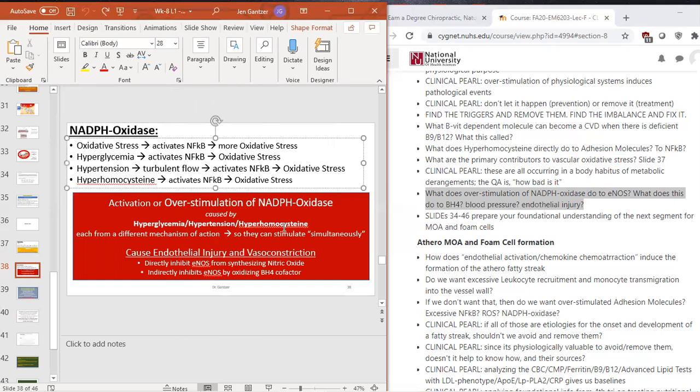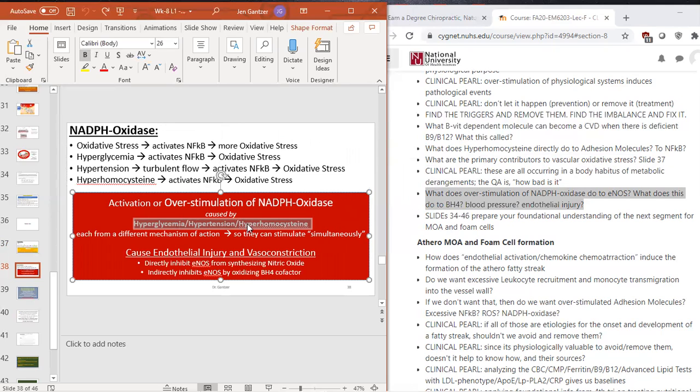So where is some of our oxidative stress coming from? Of course, we know that oxidative stress and free radicals and cytokines activate nuclear factor kappa B, which just makes more oxidative stress. I already said hyperglycemia, hypertension, hyperhomocysteinemia, all of these activate nuclear factor kappa B, and we get oxidative stress. And then our NADPH oxidase, in addition, will also be stimulated by the hyperglycemia, hypertension, and hyperhomocysteinemia.